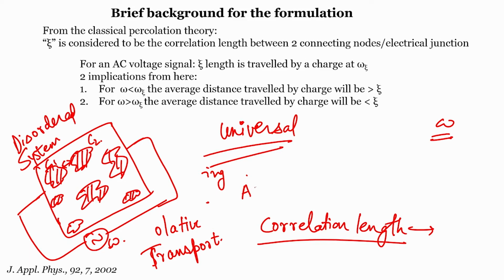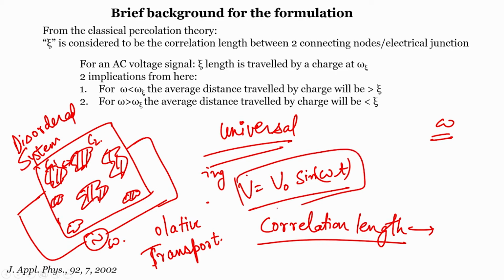Generally, if I write in terms of voltage, it will be of the form V equal to V0 sine omega t. This is a standard notation. This is just for your information.